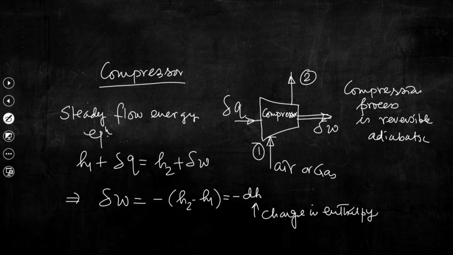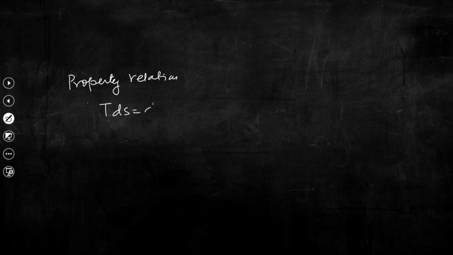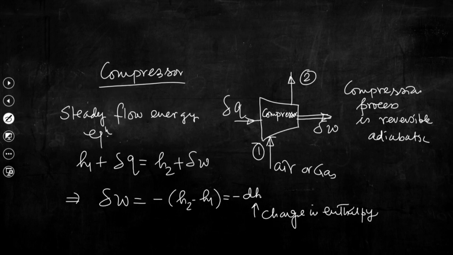So, now let us use the property relation TdS equal to dH minus Vdp. We are using this relation because here it is a flow process. So, this is not a non flow system or process, because there is a continuous flow of air from one end to the other end, and the sole purpose is to raise the pressure of the working fluid and also the temperature.